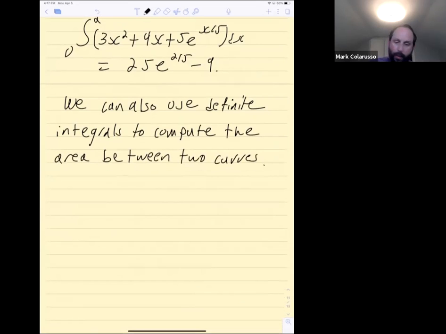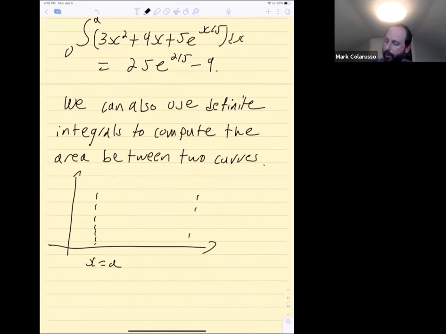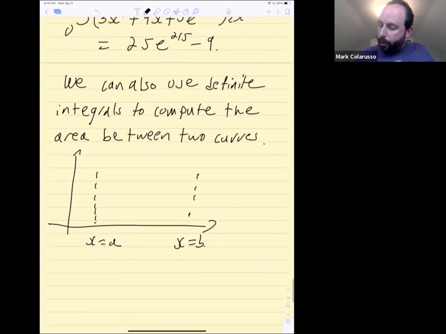Okay, so suppose we have the following kind of situation. I'll draw the picture first. I think the picture speaks 1,000 words. You have x equals a, here x equals b, and then you have a curve f that lies on top and a curve g that lies on the bottom.